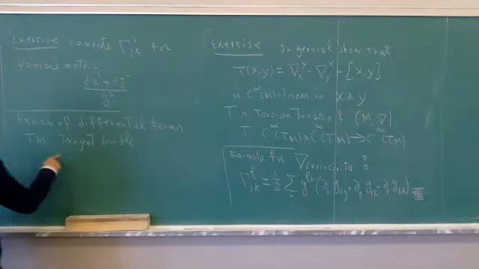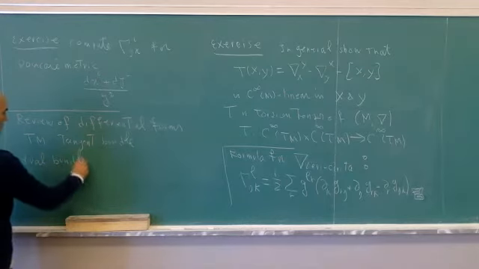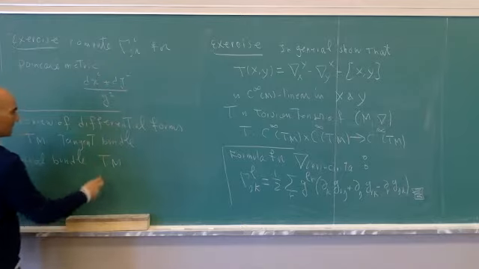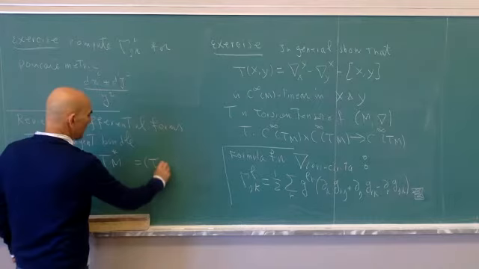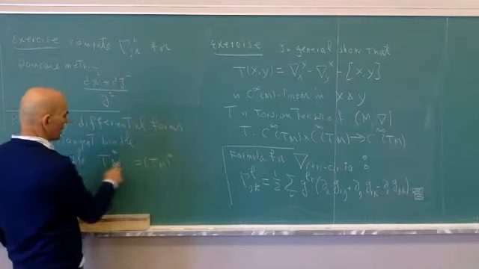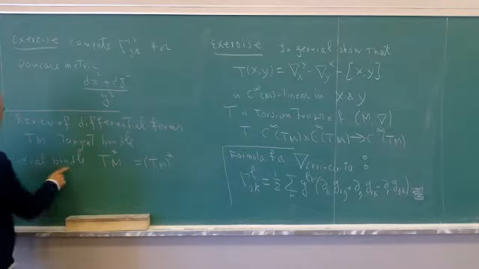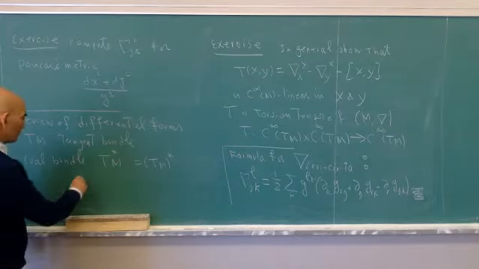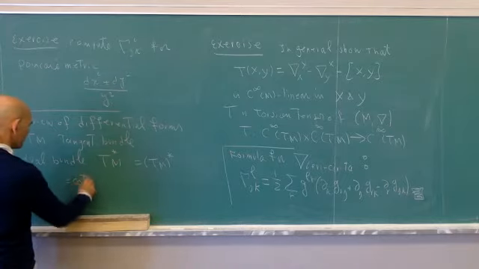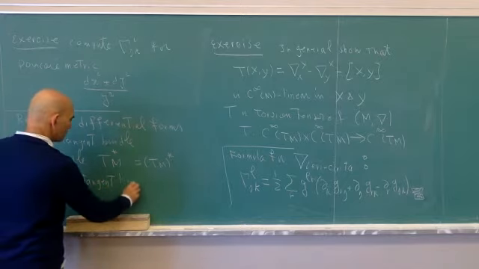In particular, the dual space, so this is called the dual vector bundle, T star. I mean, it should really be called T star M, but nobody writes it like that. Everybody writes it as T star of that. So this is the dual vector bundle, called the cotangent bundle.